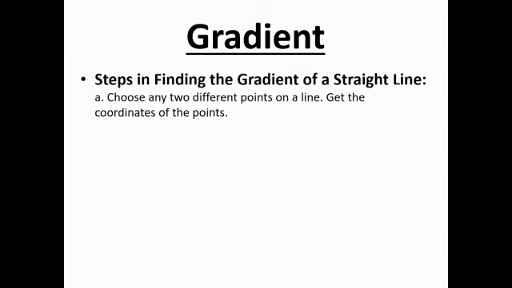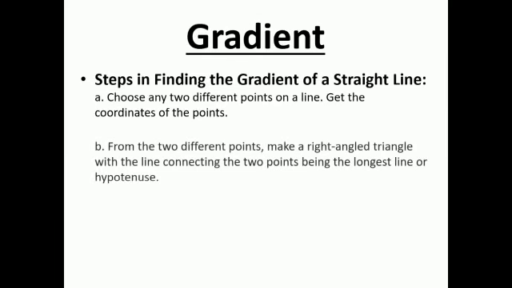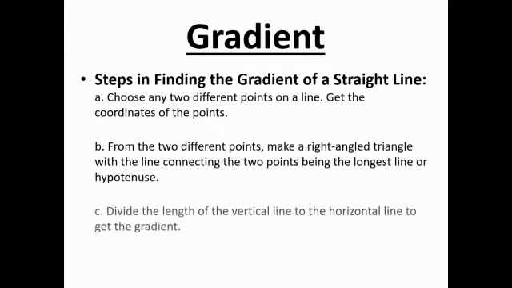So you have to mark 2 points on the line. Maybe the question gives you the points. From the two different points, make a right angle triangle, connecting the 2 points on the line. Then divide the length of the vertical line by the horizontal line. Then you will get the gradient.